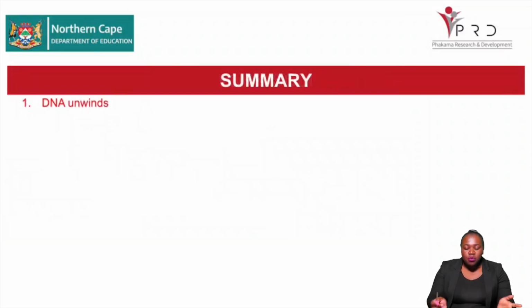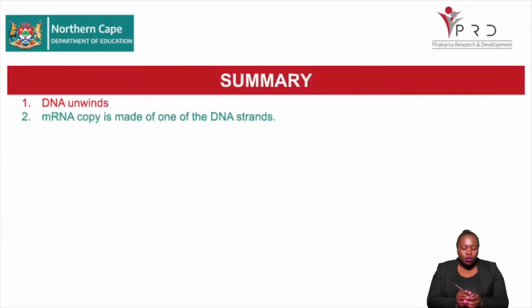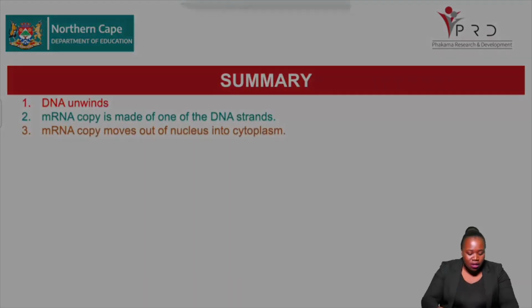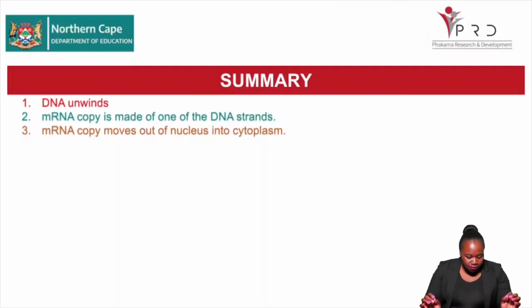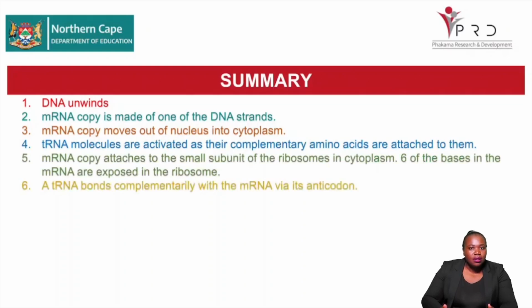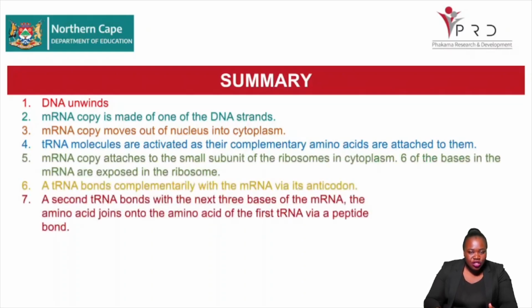Now, in summary, we are just looking at the whole process here, whereby we look at the unwinding of the DNA molecule to form the mRNA. We are looking at DNA being used to make a copy of mRNA. This mRNA, remember, will then leave the nucleus into the cytoplasm, whereby translation will take place using the mRNA. The tRNA will bring in the required amino acid based on the sequence of the mRNA.